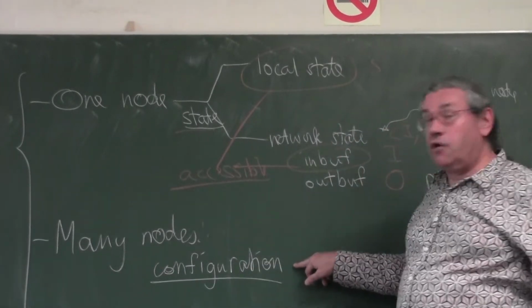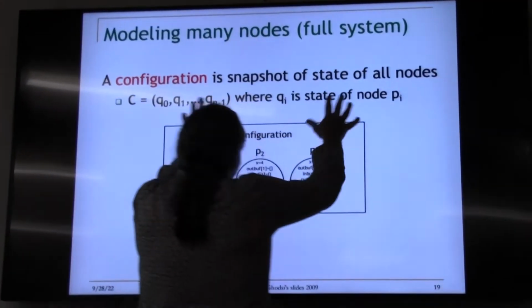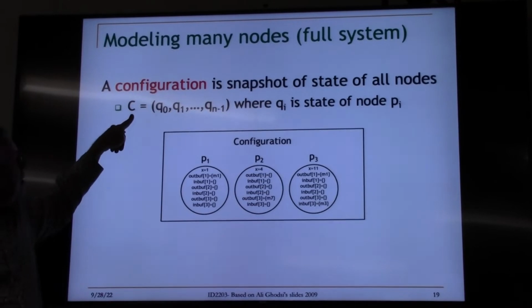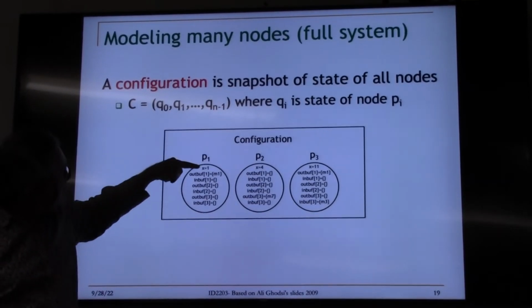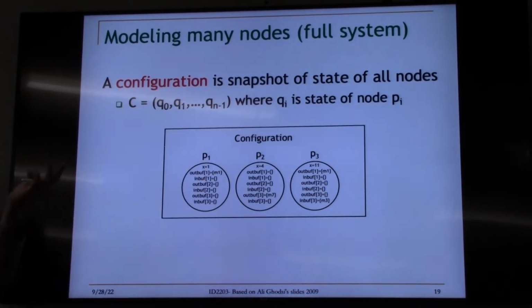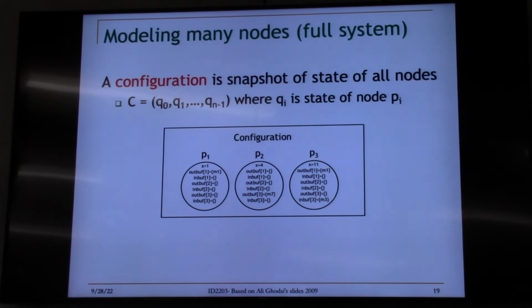It's the configuration. So the configuration is basically all the states of all the nodes taken together. So C is a configuration, and each of these Q's is a state of a node. So it's basically the state of the system, but it's not called state, it's called configuration.